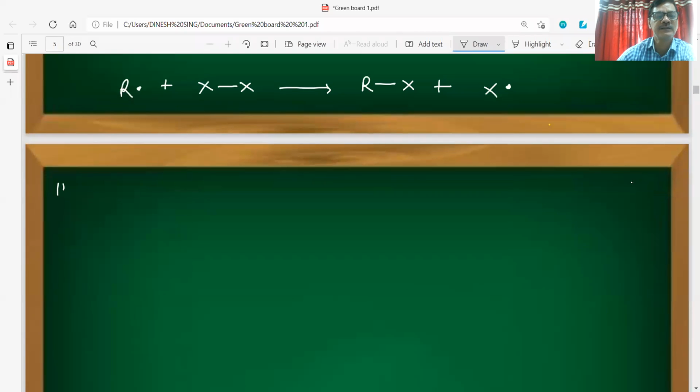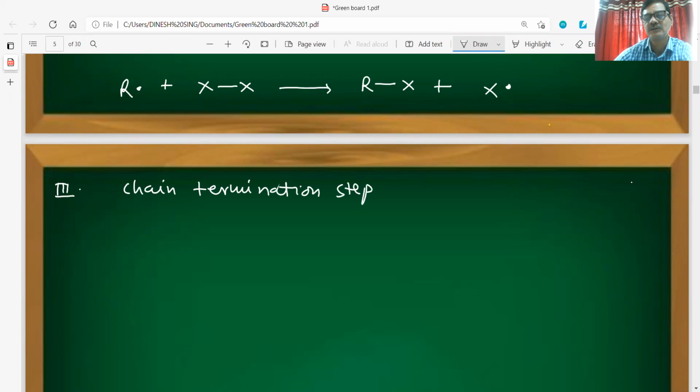And the third step will be what? Chain termination step. In chain termination step, what will happen?